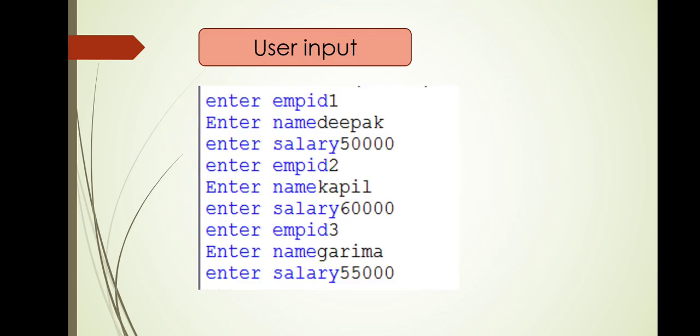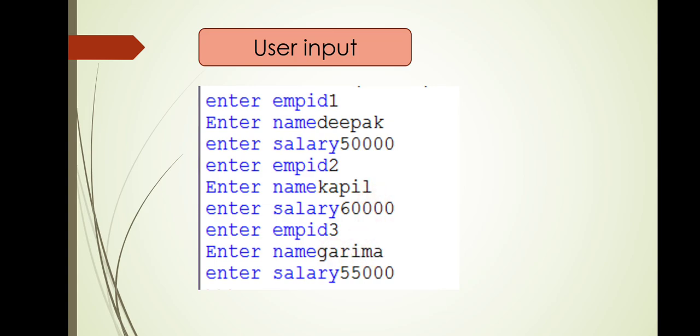Now let's suppose these are the details that I have entered. First record is with employee ID 1, then second record is with employee ID 2, then third record is with employee ID 3. So this is the first record, this is the second record, and this is the third record.